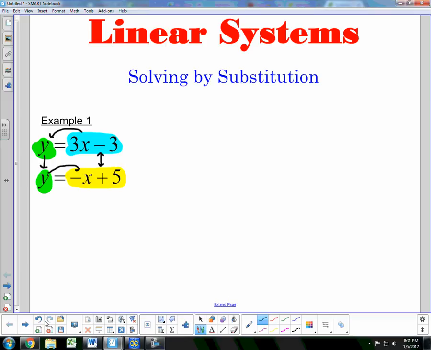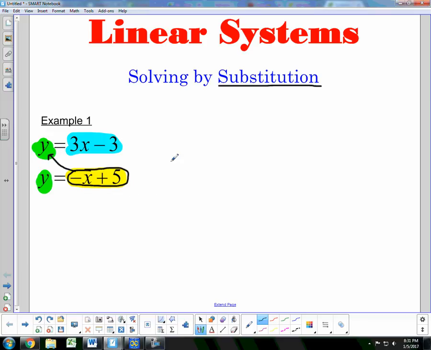Not quite sure if you followed all that. Another way you could look at it, get rid of those arrows, is that since y is equal to negative x plus 5, you can plug in all of negative x plus 5 in for the y of the other equation. So you're going to substitute the circled thing, the yellow thing, in for the y up here because it's equal to this y, and these y's are the same.